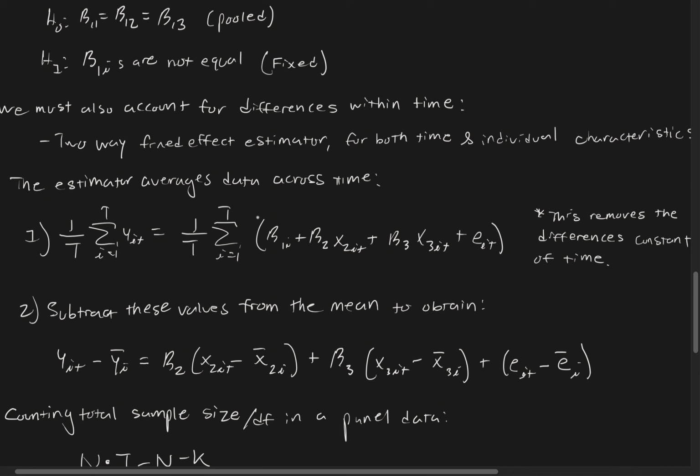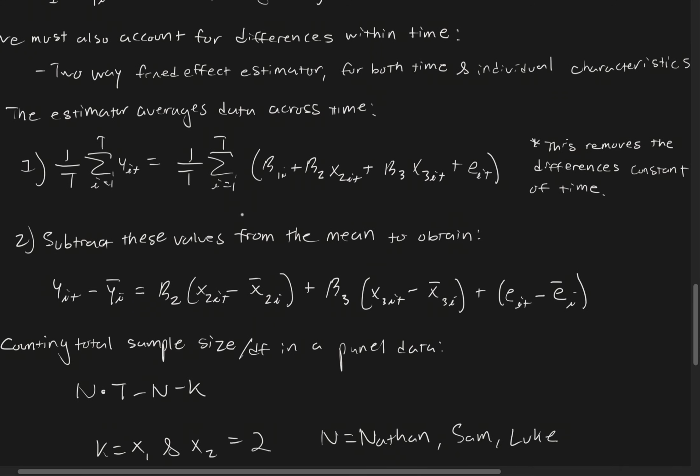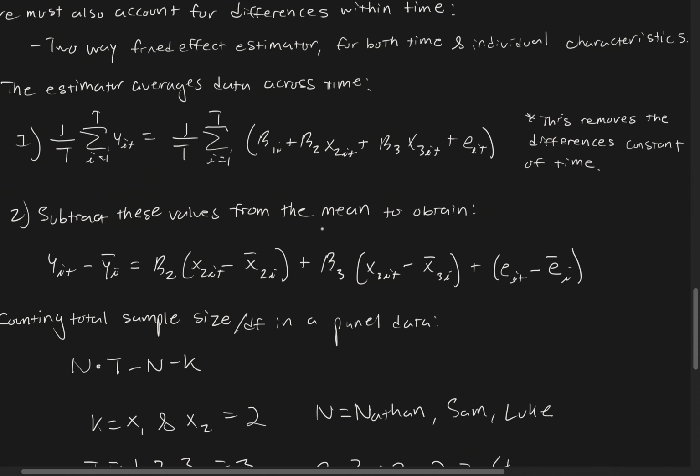And the way it fixes for time is it will average this regression function over time by dividing by T, and then it will subtract these values from the mean to obtain those heterogeneous values.